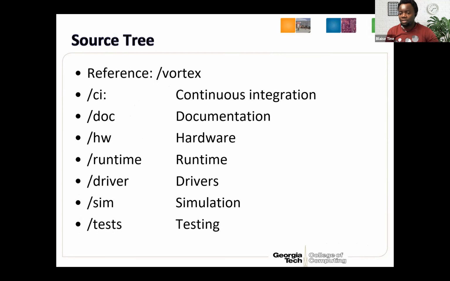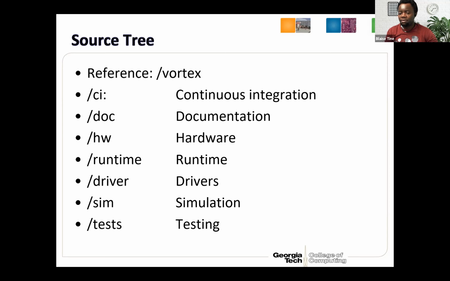The source tree, this is a simplified snapshot of the existing source tree that you have on GitHub. But at the high level, we have a folder where we place the continuous integration scripts. We have the documentation included in the doc folder. The hardware is in the hardware folder.